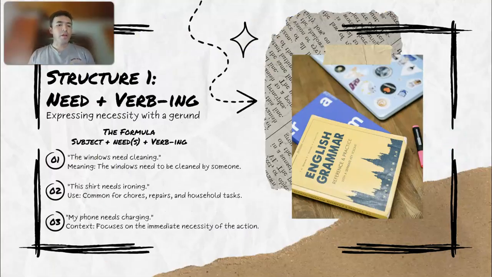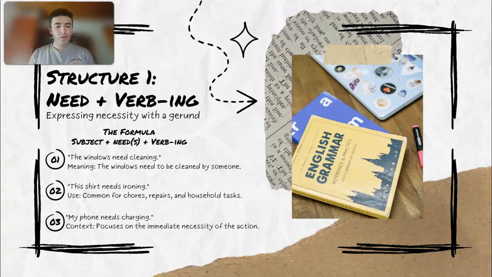Let's start with structure one, need plus verb-ing. In a few words, expressing necessity with a gerund. The formula: subject plus need, with an s according to the third person, plus verb-ing. We have three examples. Example one, the windows need cleaning. It means the windows need to be cleaned by someone. Example 2, this shirt needs ironing.